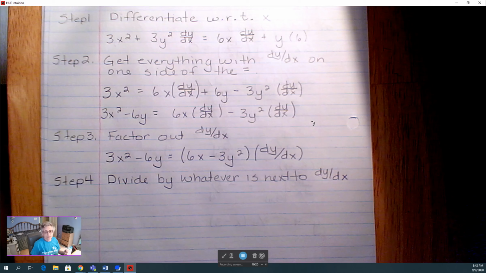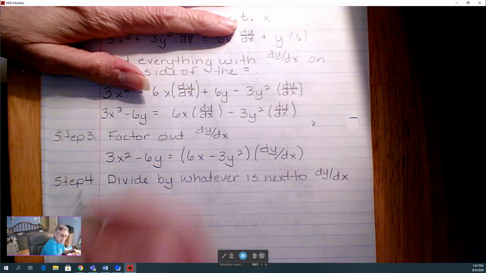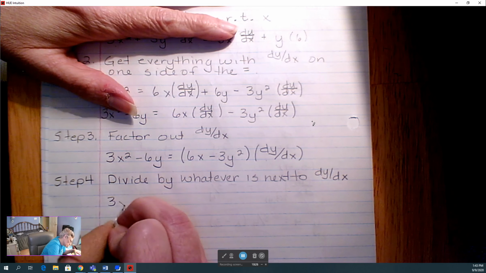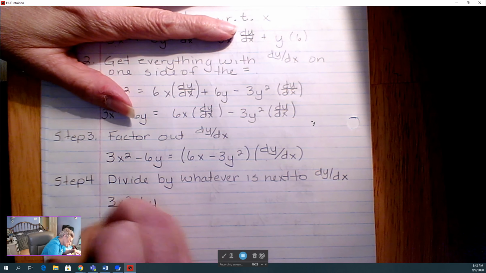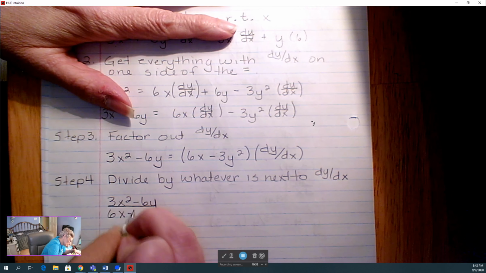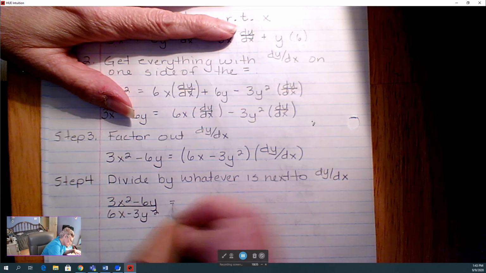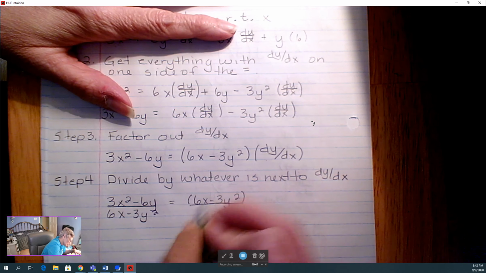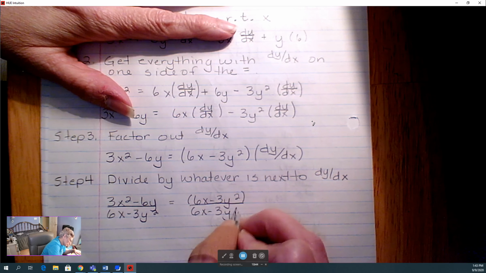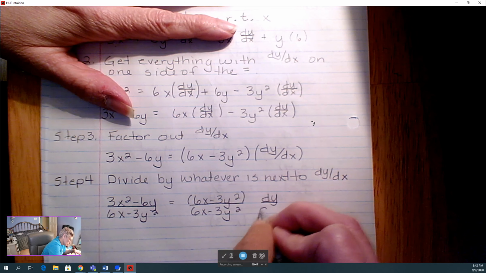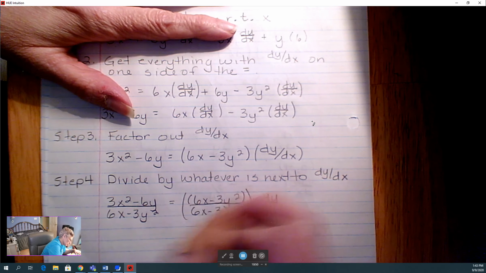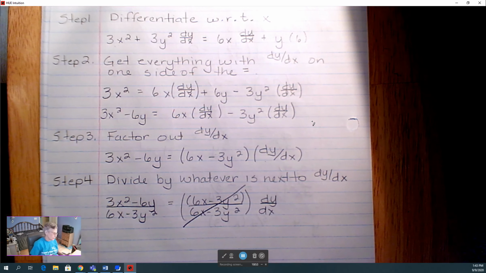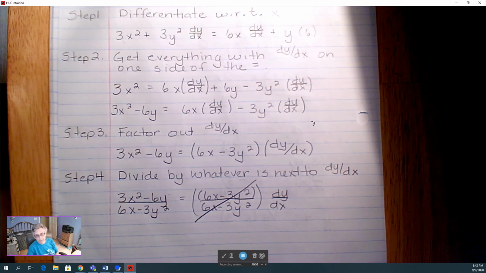So I'm going to divide both sides by 6x minus 3y squared. That whole thing goes away. And here's my answer: dy dx equals 3x squared minus 6y over 6x minus 3y squared.